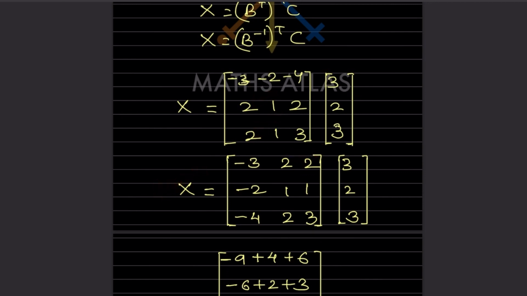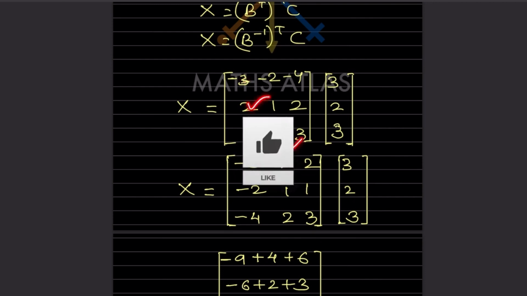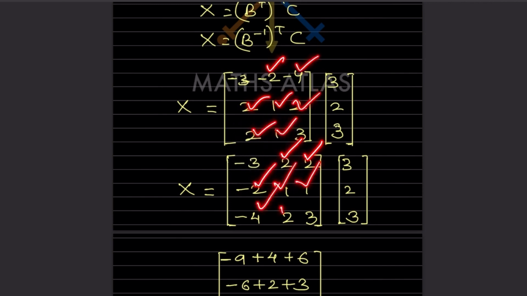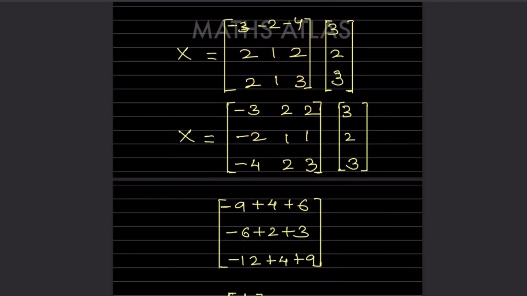Okay, so you can write x is equal to, this is the B inverse transpose. But if you are taking a B inverse here, then again this is going to be minus 3 here, this 2 will go here, this will go here, and this will be the same. Hope you got it.